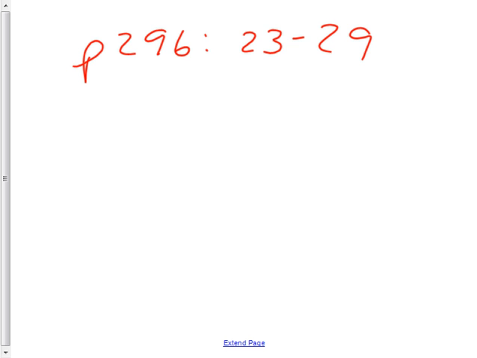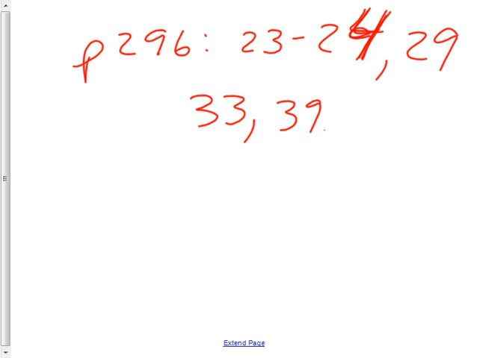So let's do 23 through 24, and then 29. Let's skip a bunch of those. And then 33, 39, 40, 45, and 46. I think that ends up being 8 questions, okay? That's doable. So get it done. And it'll be great practice for the test, which is coming in 2 days.